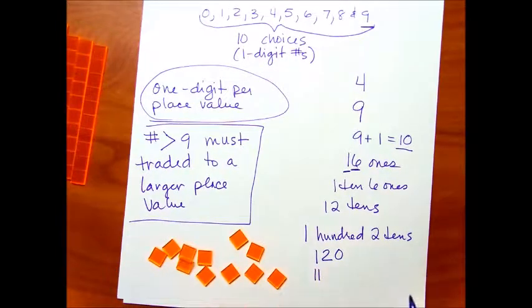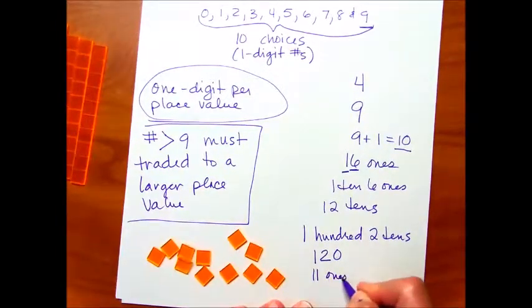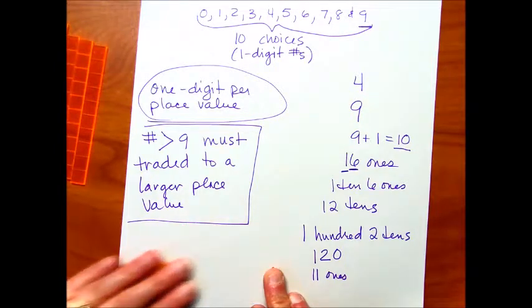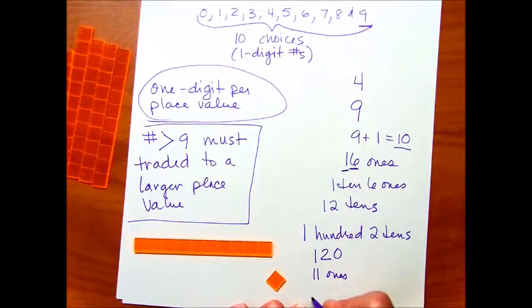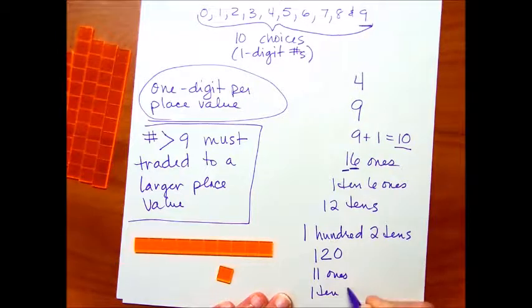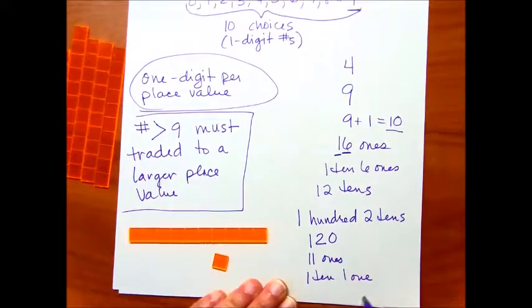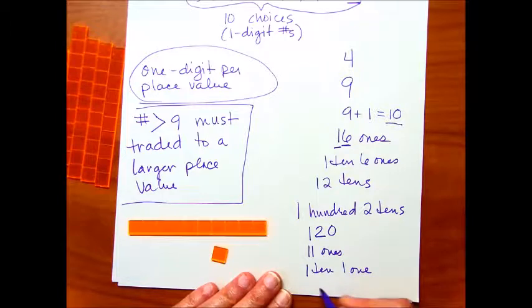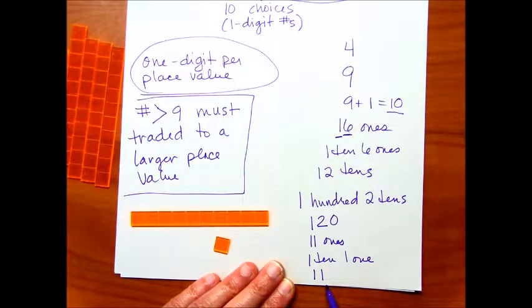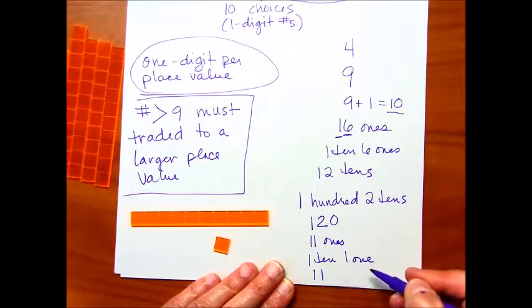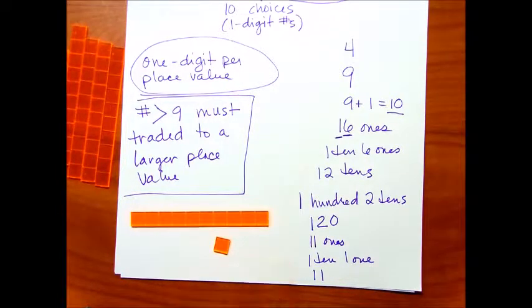So instead of saying 11 ones, we're going to trade in the 10 ones for 1 ten, and then I have one left over, so 1 ten and 1 one is going to give us our number, and the way we write that is 1 1, or 11. Now this looks like the same thing, but the way we're describing it gives us an idea of what's going on in terms of the place value.